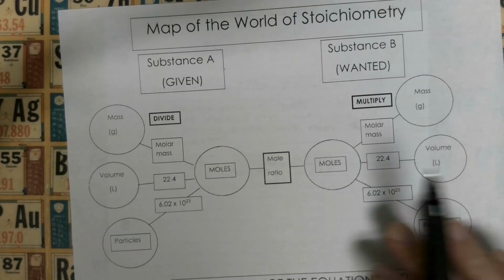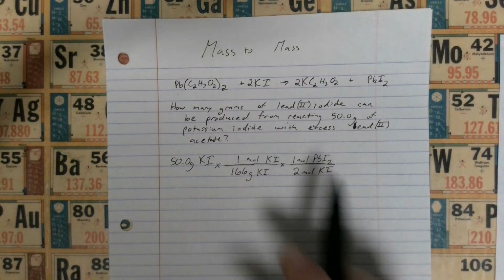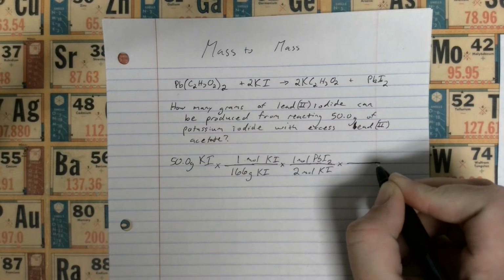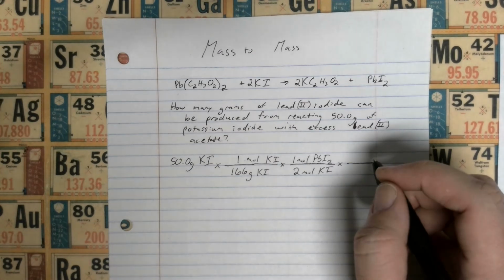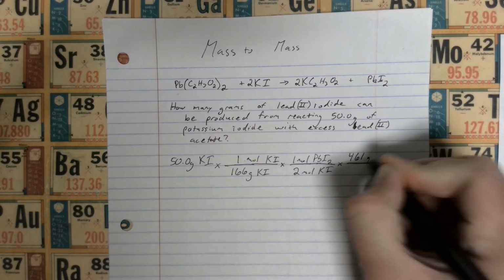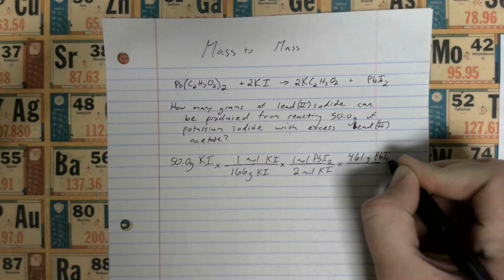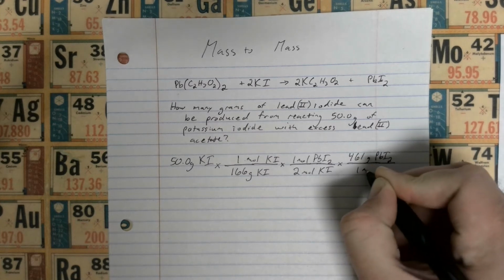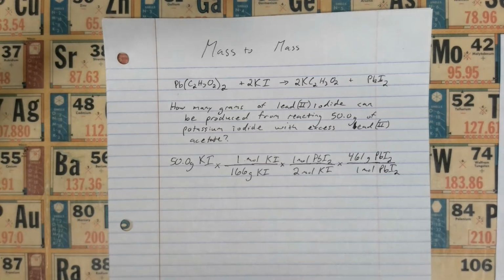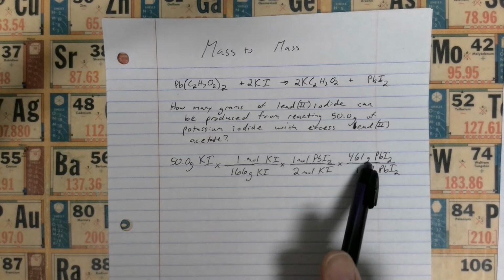So I need the molar mass of my wanted this time, which in this case is the PbI2. And I already looked that one up. It's 461 grams of PbI2, and that's equal to 1 mole of PbI2. Okay, so from here then, we're at grams of what we're wanting.